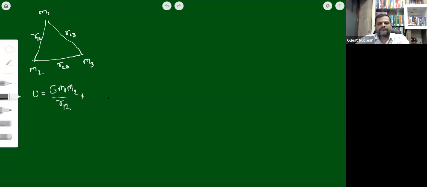How much it is? We know that it will be G m2 m3 upon R23. मतलब जो मासेस हम ले रहे हैं m2 और m3, उनके बीच का डिस्टेंस यहाँ पे यूज करने का बस मतलब.